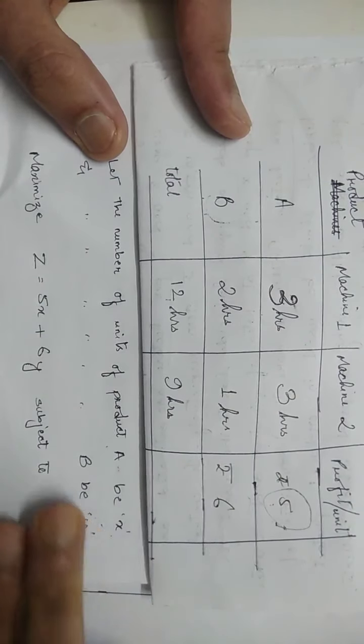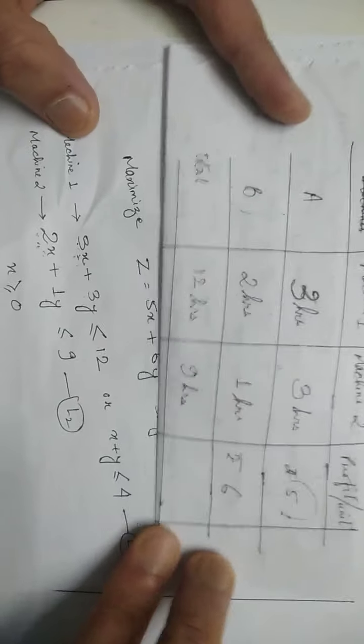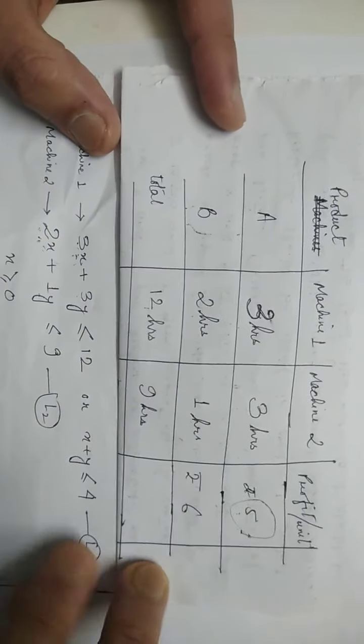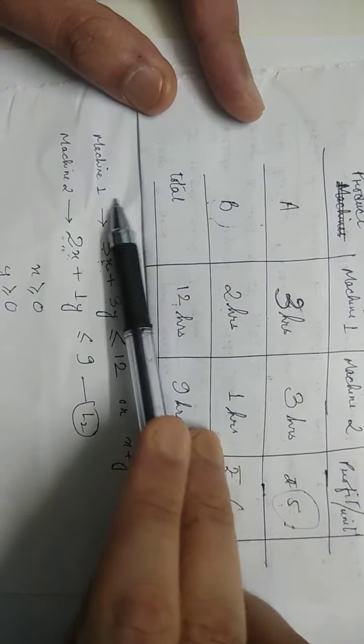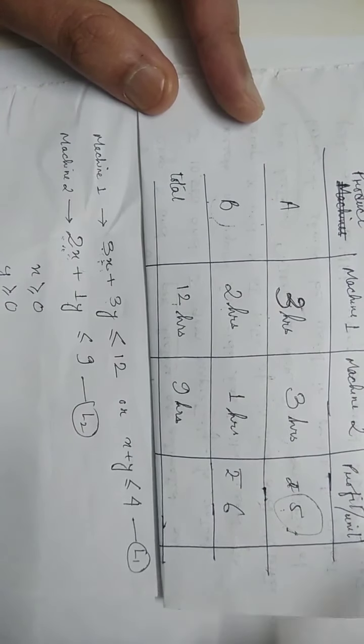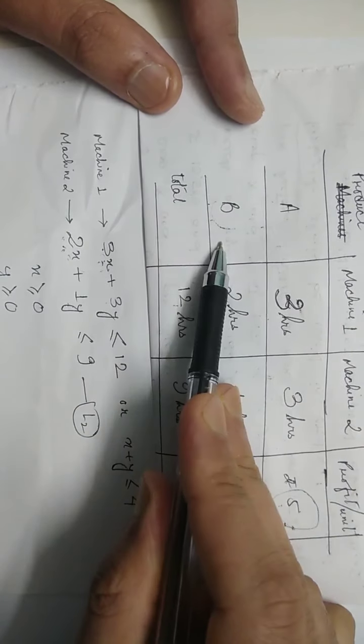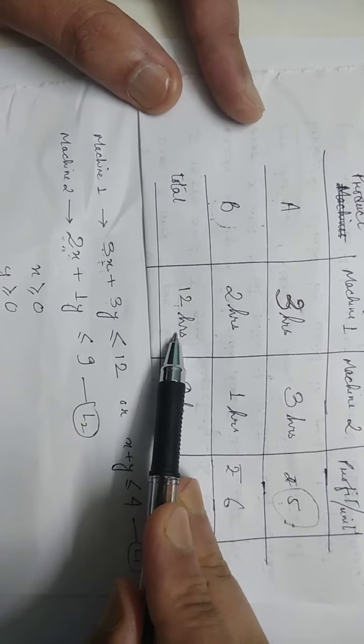Subject to what? See, the limitation is on machine 1. How much time can machine 1 work? Machine 1 is working on this product as well as this product. In total it can work for 12 hours.